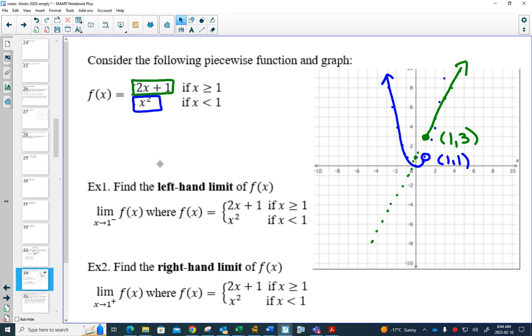So if I was coming from the left side, and I'll show this here, I'm coming from the left side, I'm getting closer to 1, my y value would equal 1. That would be my left side limit. My right side limit is coming from this direction, getting closer to 1.